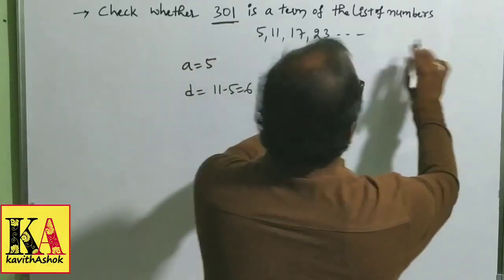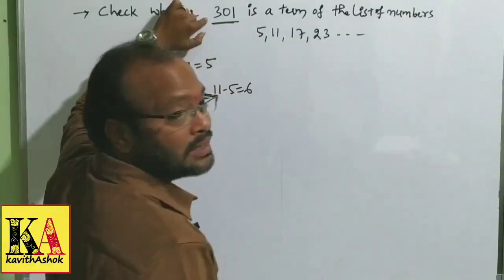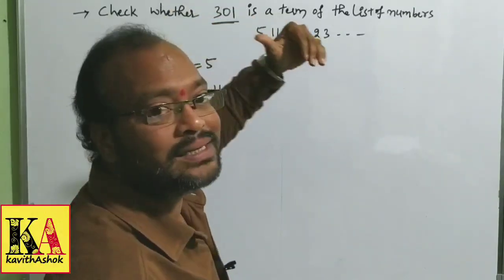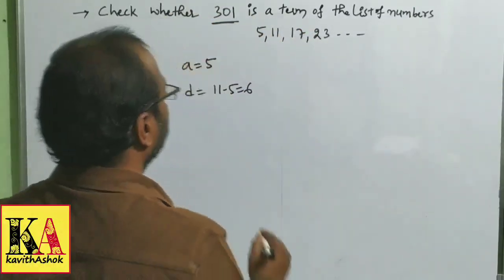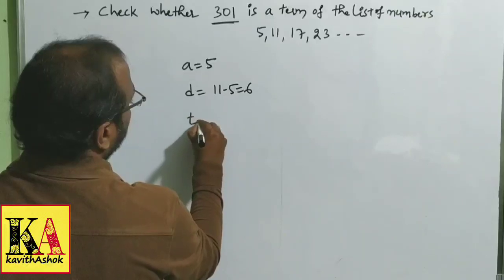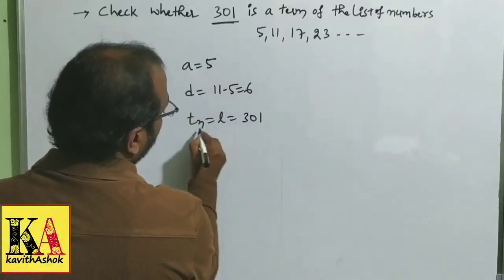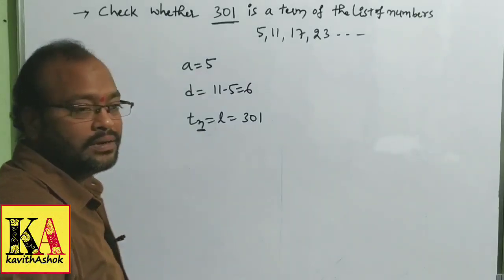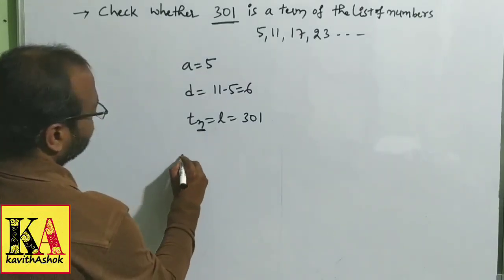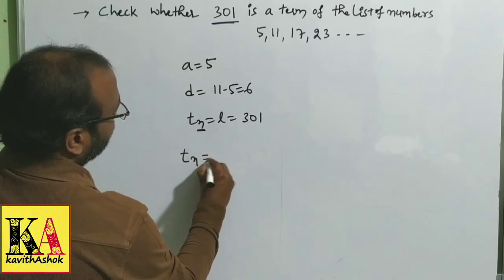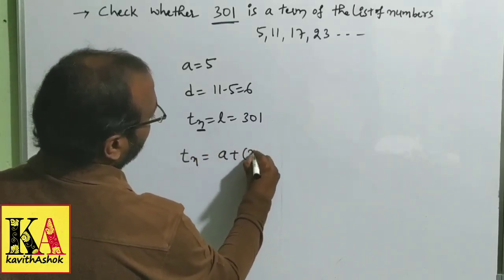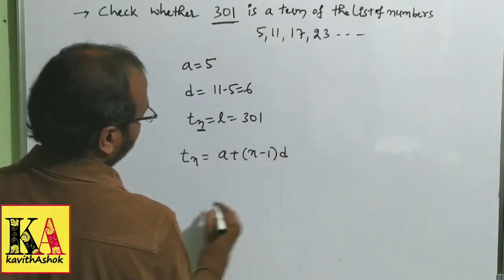So if you write like this, at any one of the positions, if you take this as 301, we can consider that as the last term Tn. We don't know which position we can get that one. So we have the formula Tn is equal to a plus n minus 1 into d.